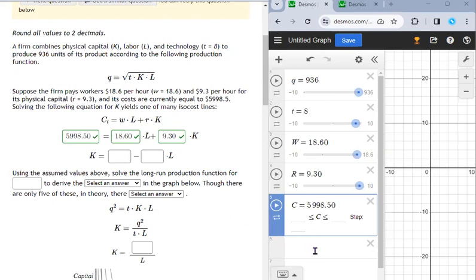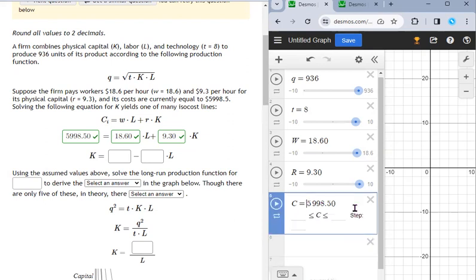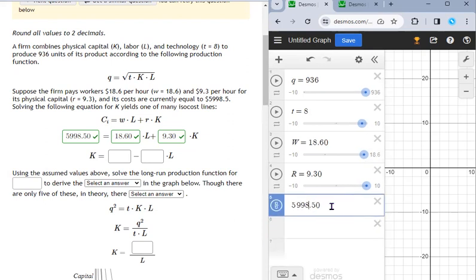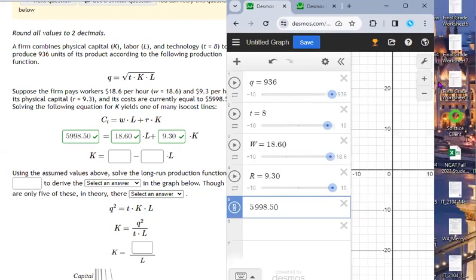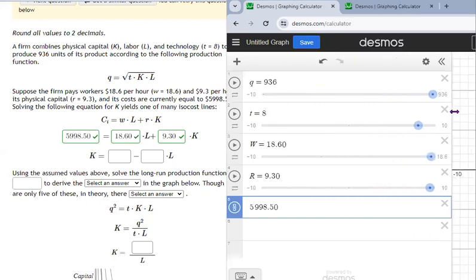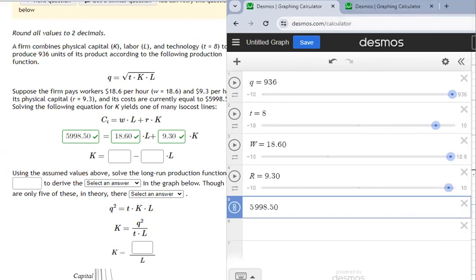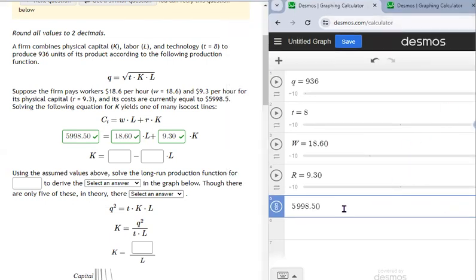So to solve for K, let me do it down here in Desmos. Let me widen this out. Okay, so the cost is equal to W times L plus, I'll do 18.60 times L plus 9.30 times K, right?